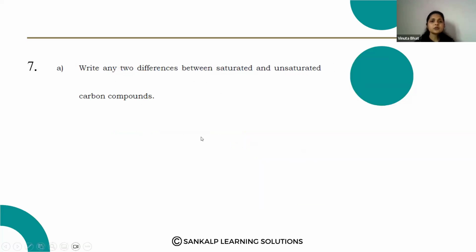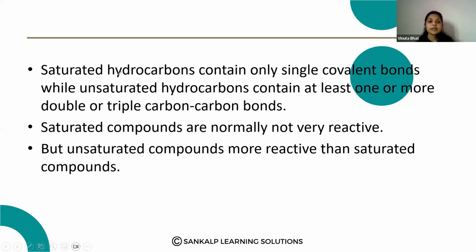Next question. Write the two differences between saturated and unsaturated carbon compounds. While writing the difference, you should make two columns: in one column saturated carbon compounds and in the other column unsaturated carbon compounds. You should mention the difference in that column only. Saturated hydrocarbons contain only single covalent bonds, while unsaturated hydrocarbons contain at least one double or triple carbon bond.